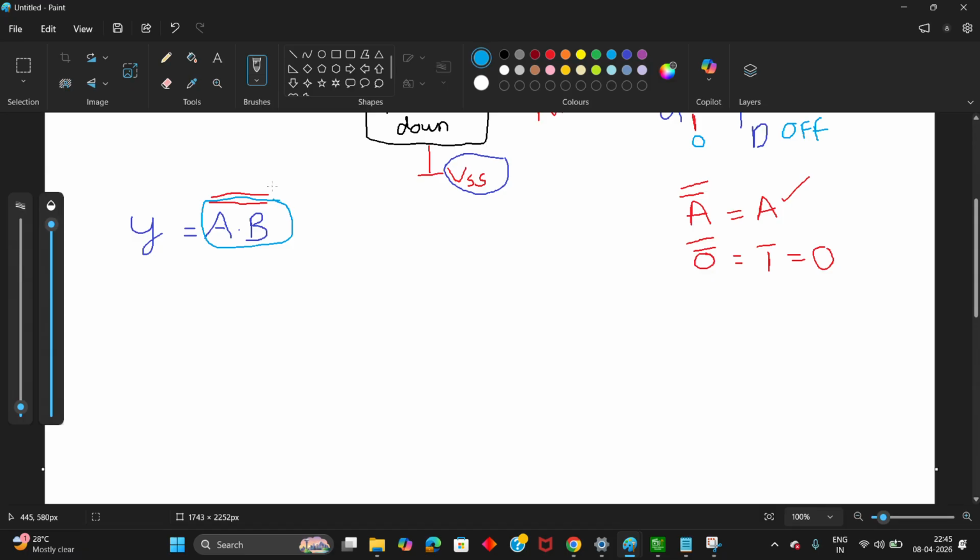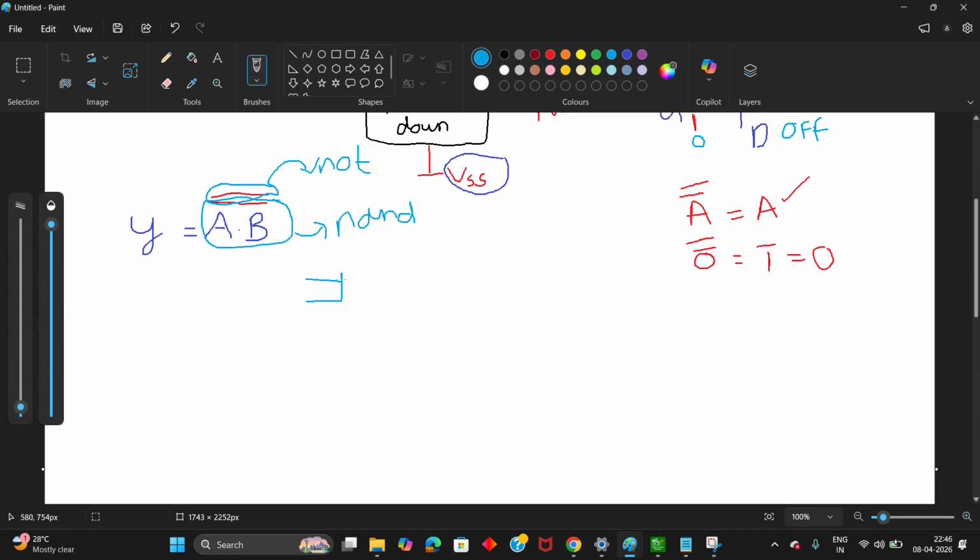And A bar, this is the NOT gate. This is the NOT gate, and AB bar will be the NAND gate. Means how we need to get this particular AND gate: by a combination of NAND and NOT gate.